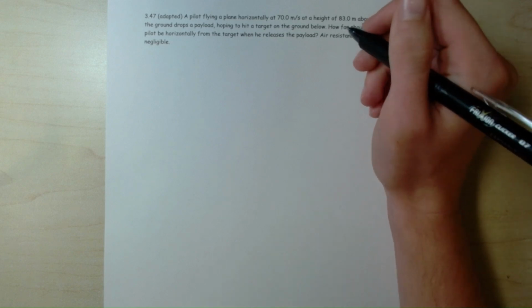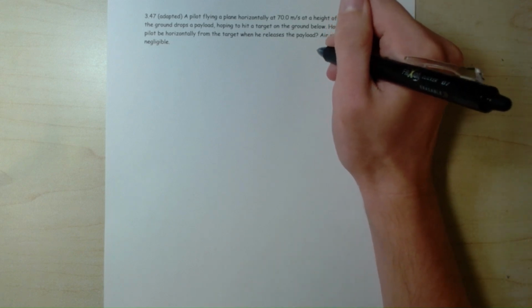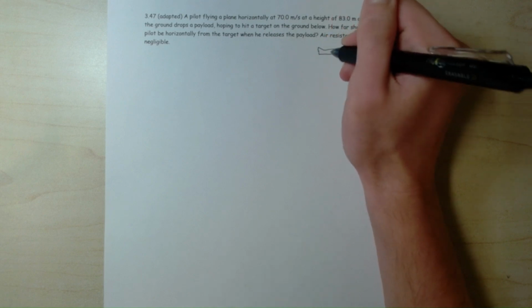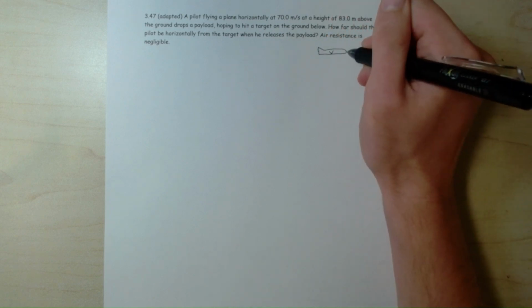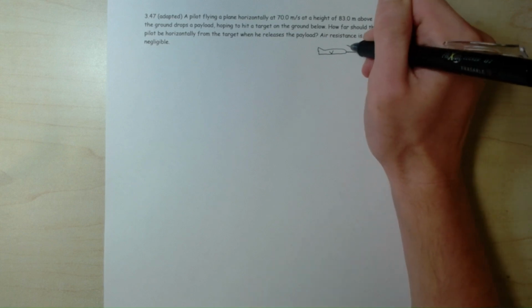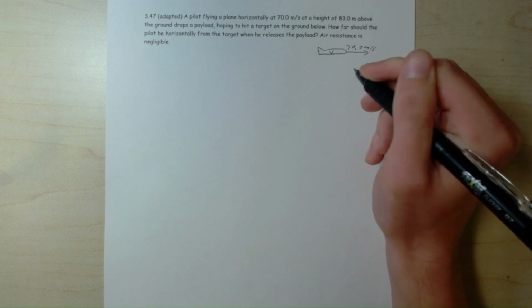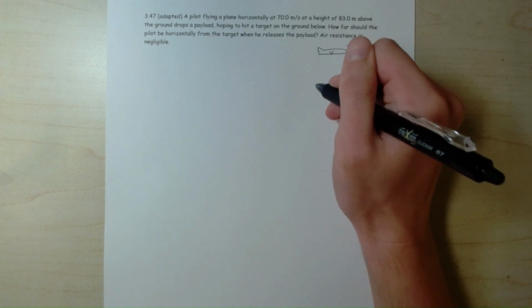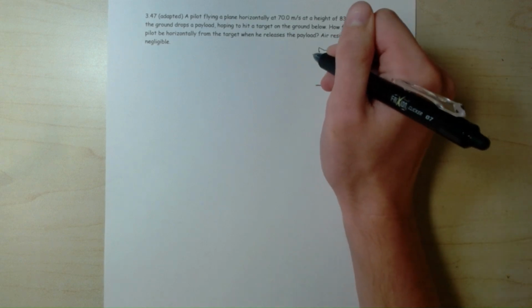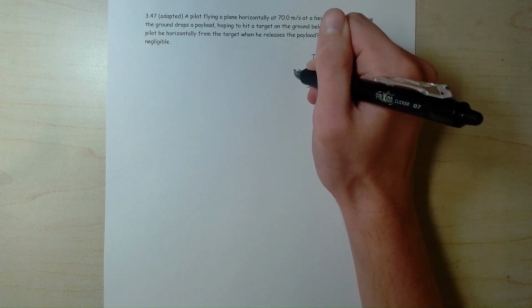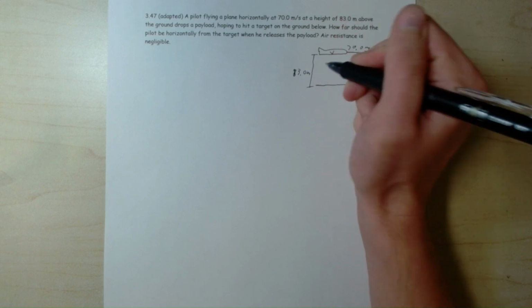So we have a pilot flying a plane. Here's my plane. And he's flying it horizontally at 70.0 meters per second. And his height above the ground, we're told, is 83.0 meters.